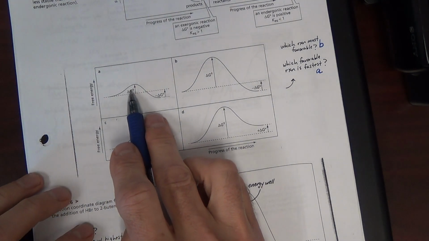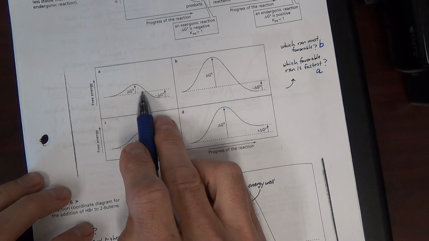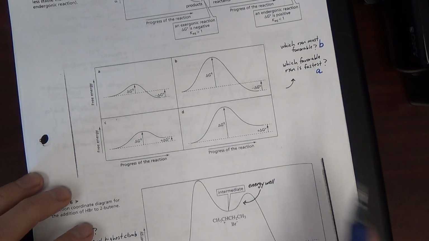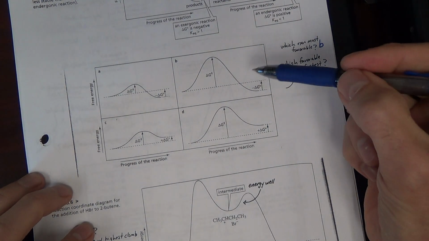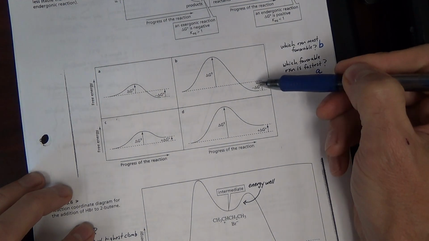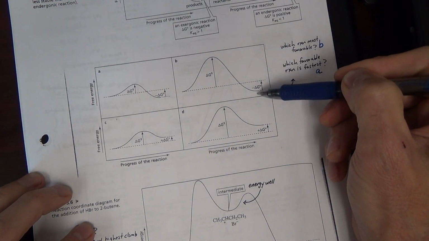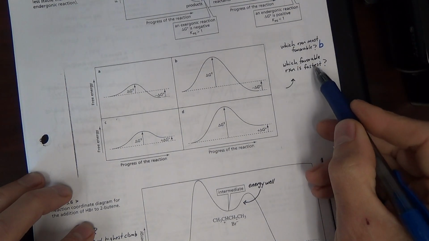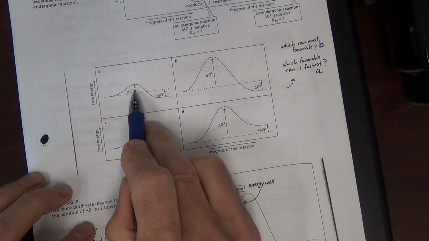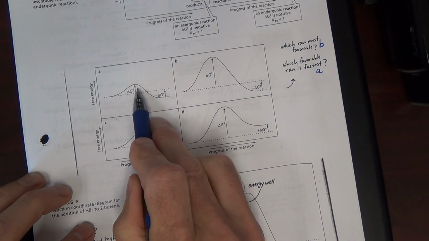It's easier to get over that energy barrier than this reaction here. The exothermic nature really doesn't matter when we're talking about rate. Rate is based on activation energy that must be overcome.